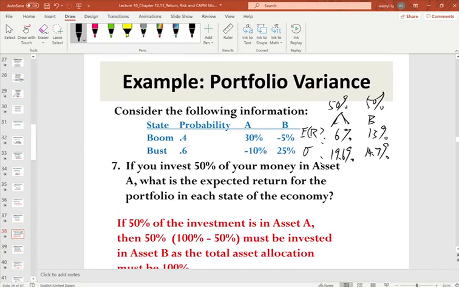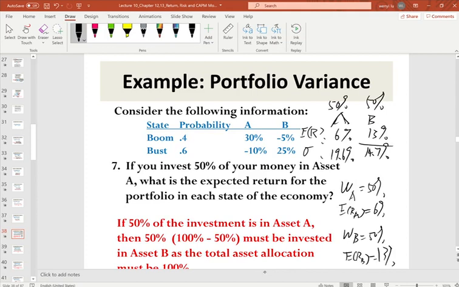So let's solve the portfolio's return. We know the weight of A is 50%, and the return we solved for A is 6%. For B, the weight is 50% and the return is 13%.